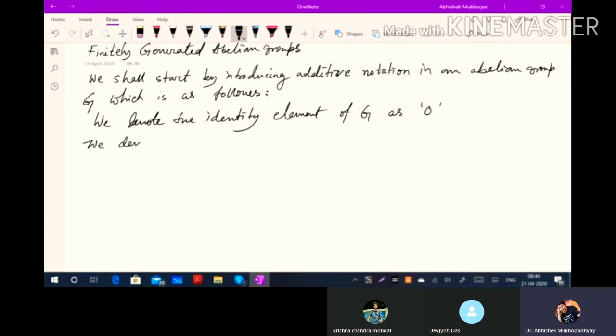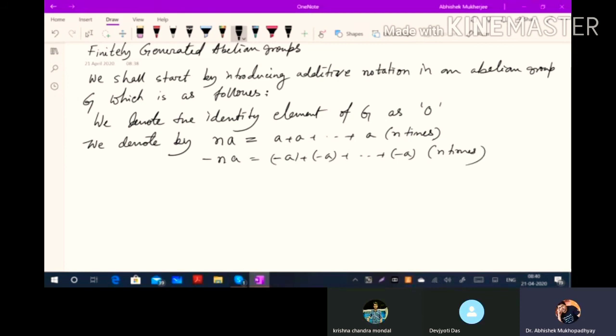We denote na, where na is a plus a, n times; minus na, that is minus a, n times; and 0a is 0, where this 0 is from the integer set and this is the identity element of G.